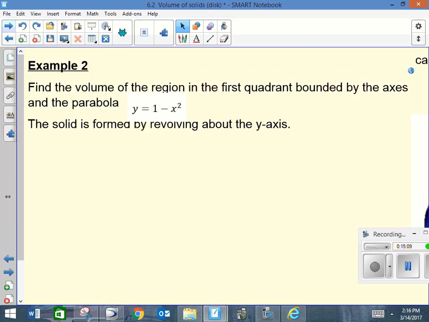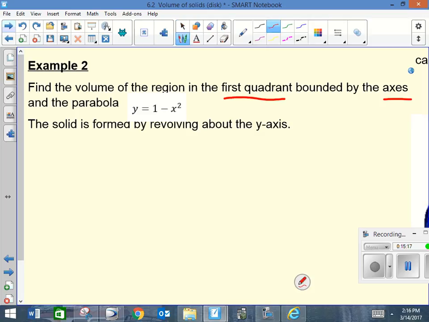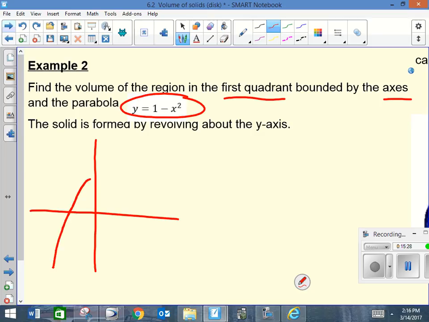Let's try another one. Find the volume of the region in the first quadrant, so that's a boundary, bounded by the axes, there's another boundary, and the parabola 1 minus x squared. All right, what does 1 minus x squared look like? It's a parabola facing down at 1. Okay, so there's 1.